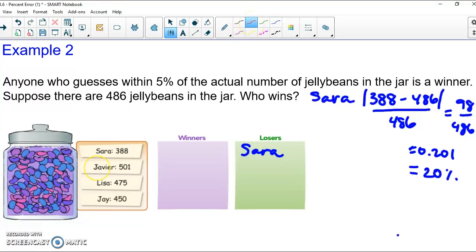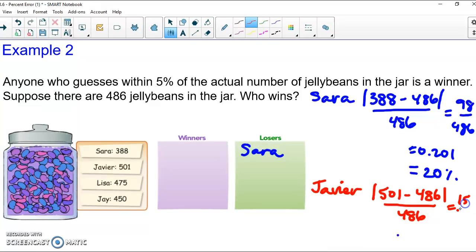Let's check out now Javier. Javier estimated that there are 501 jelly beans, so the estimated minus the actual divided by the actual. So the difference between 501 and 486 is 15, and when I divide 15 by 486, we get 0.030.